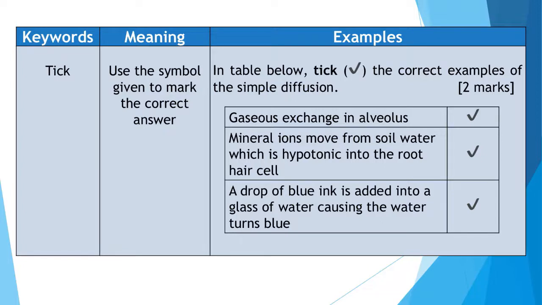But if you tick all the examples of the simple diffusion as stated in this table, your marks will be rounded down to 1 mark only, because wrong cancels right is applied here. This is an incorrect answer. So your marks will be rounded down to 1 only.